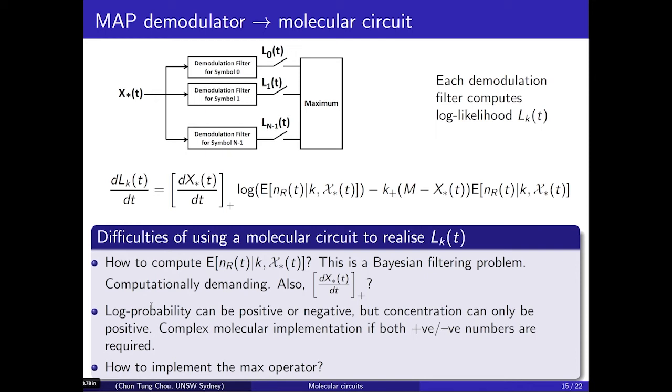There is a way to use chemical reactions to do calculations with both positive and negative real numbers, but you need more chemical reactions and more chemicals to do that. Again, it's a complexity problem. Can we get away with that? And the last question is, how can we implement this max operator using chemical reactions?